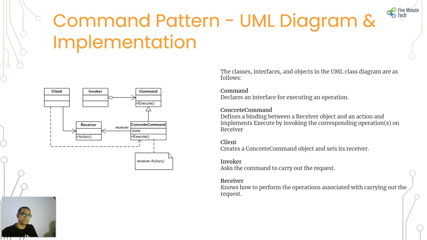Concrete commands, which may be more than one, define a binding between the receiver object and an action, and implement execute by invoking the corresponding operation on the receiver. Client creates a concrete command object and sets its receiver, whereas invoker asks the command to carry out the request. The receiver, on the other hand, knows how to perform the operation associated with carrying out the request.